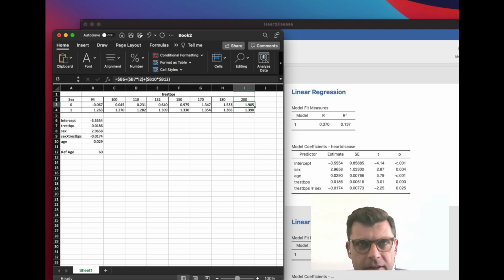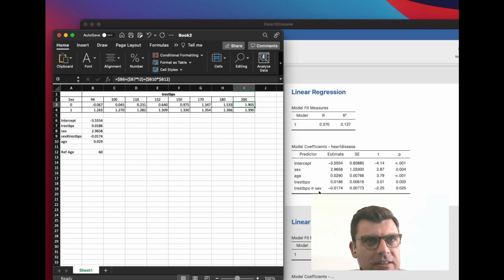I'm going to share these data with you. You can try to replicate this. But the way I want you to think about a conditional effect is that there is a relationship between one variable x and another variable y. There's a relationship between blood pressure, x, and heart disease, y, that is positive and significant, but the nature of that relationship differs as a function of some other variable, which is sex.